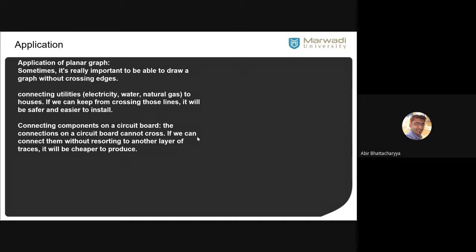Sometimes it is really important to be able to draw a graph without edge crossings. Like if I talk about connecting some utilities. Utilities means, let's say, electric wire and water pipe, natural gas pipe. Three pipes are there. We want to connect them in such a manner that there is no edge crossover.